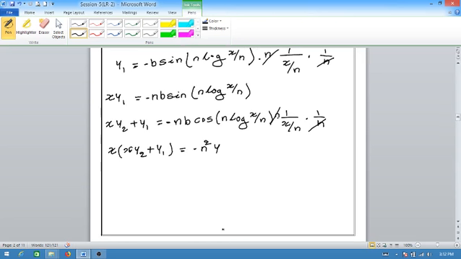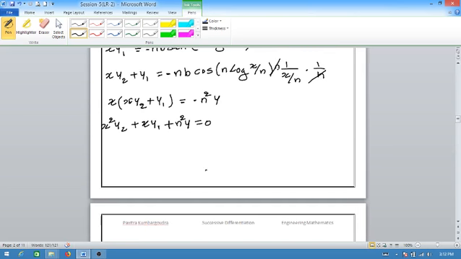So now simplify, x into x is x square y2 plus x into y1 plus n square y is equal to 0. So now this function you have to differentiate n times.